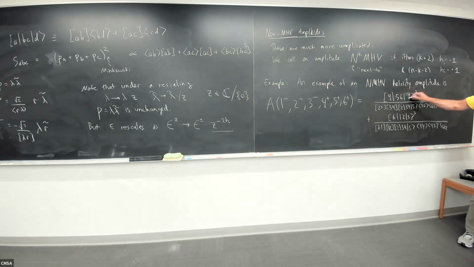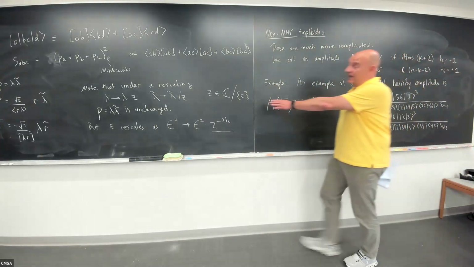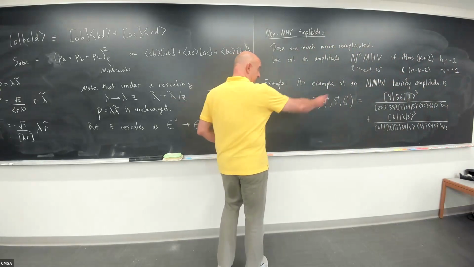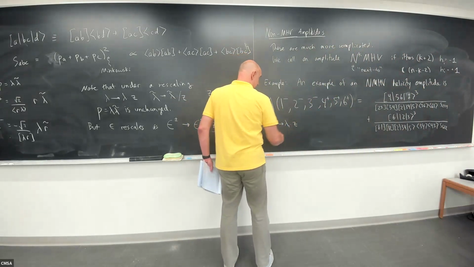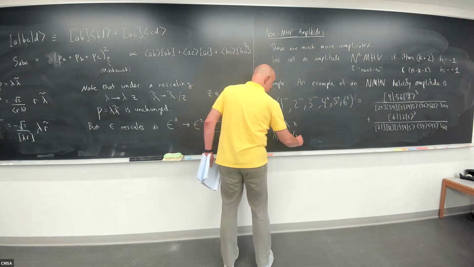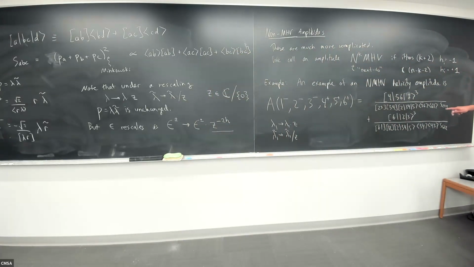The way I do it is as follows. You're allowed to do this rescaling separately for each particle. So let's take lambda 1 and rescale it by z, and look at the right-hand side and see how everything scales.